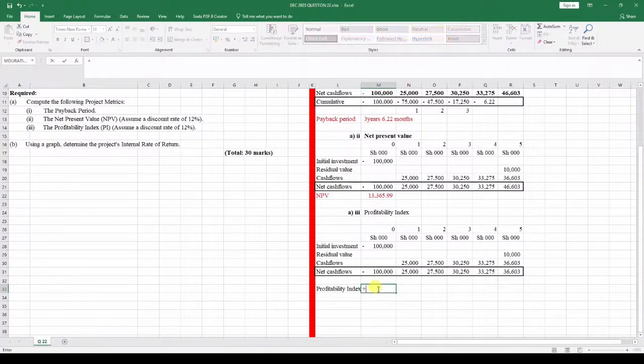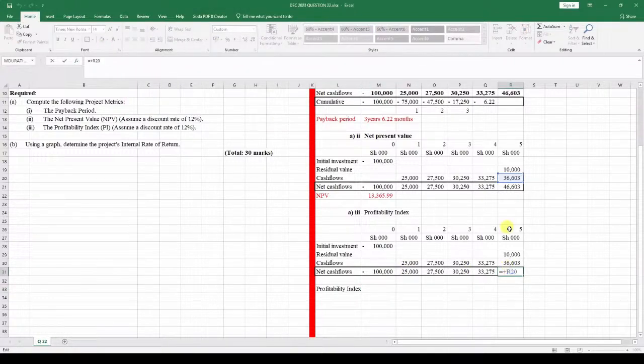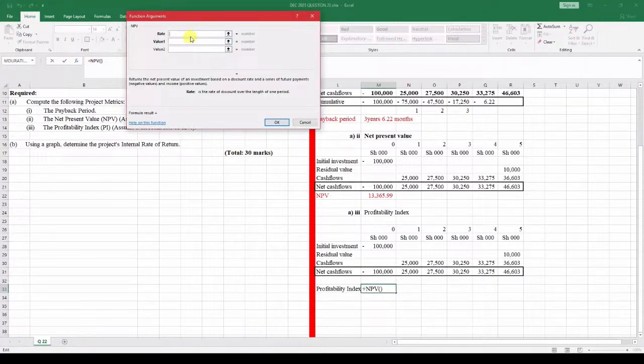So we're going to use NPV, rate 12%, and these values here. There's one thing we needed to change here. We need to add these two values before we continue, that one plus that one there. See the profitability index, NPV. Double click it, then we open it up right here, and you see the rate is 12%.